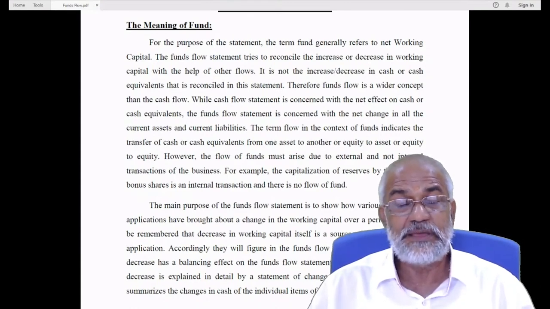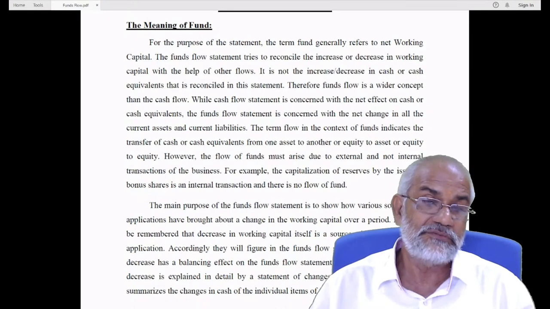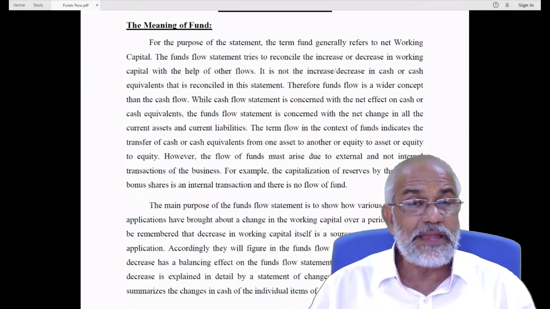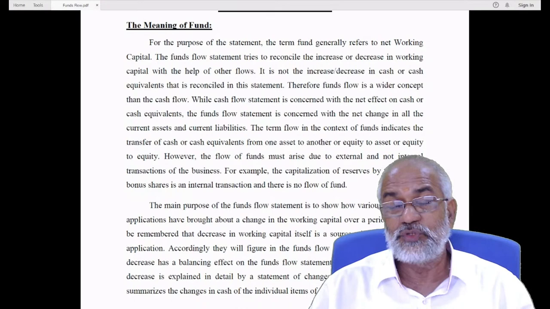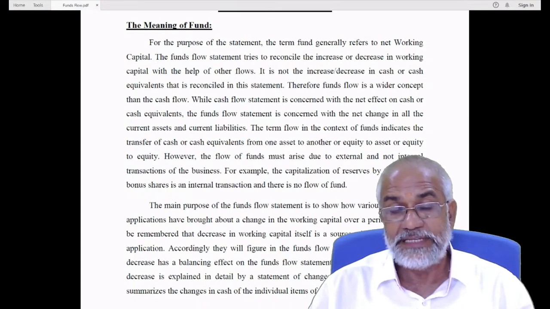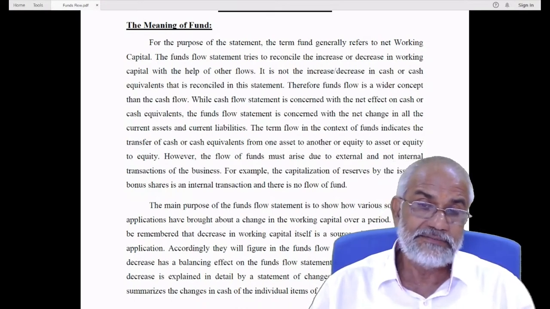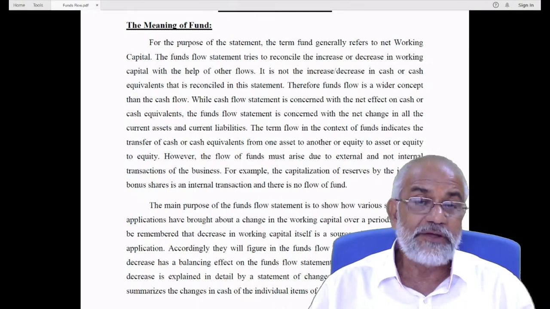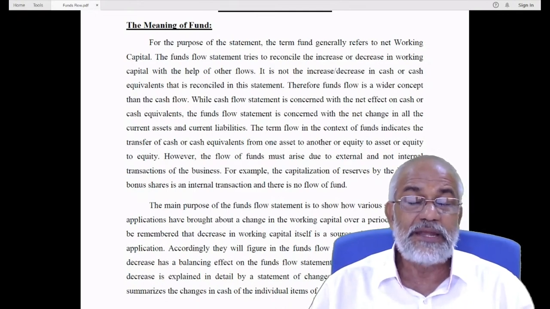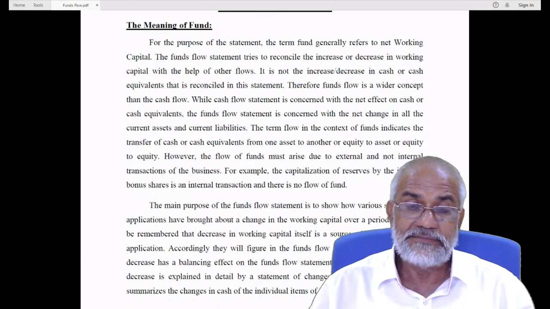That can be ascertained by preparing the profit and loss account. And the balance sheet is prepared to know the financial position, or the position of assets and liabilities on a particular date. That means when it is prepared on a yearly basis, it is prepared on the closing day of the year.